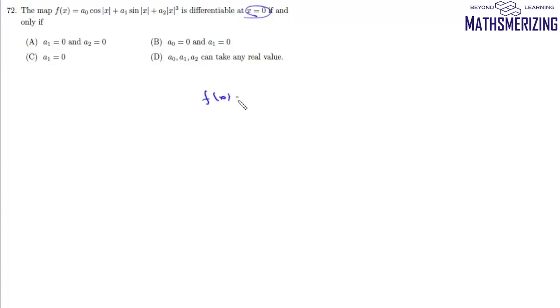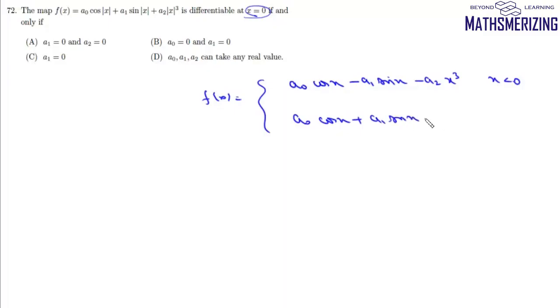We can write this function f(x) as a0 cos x minus a1 sin x minus a2 x cube when x is less than 0, and it will be a0 cos x plus a1 sin x plus a2 x cube when x is greater than or equal to 0. f(0) negative will be a0 and this is 0, so it will be a0, and f(0) positive will also be a0 and the value at 0 is also a0. So this function is continuous at x equals 0.